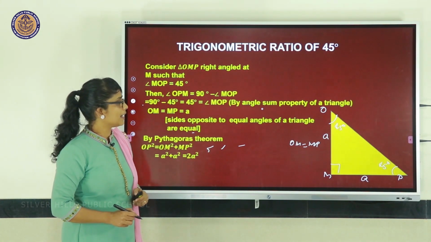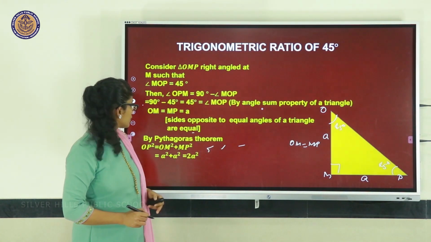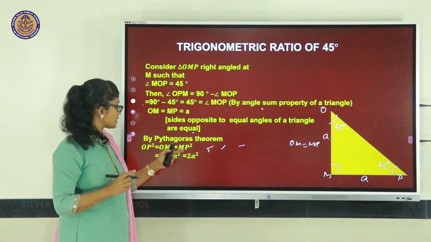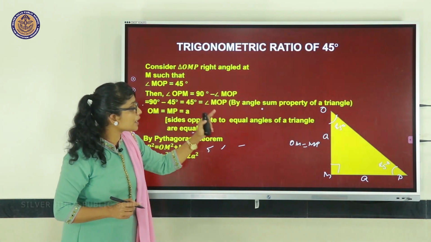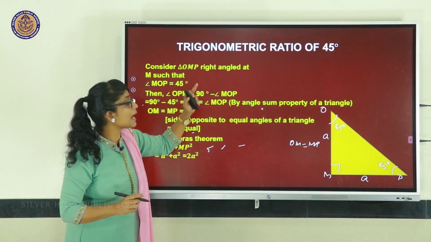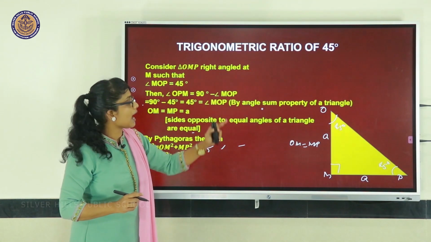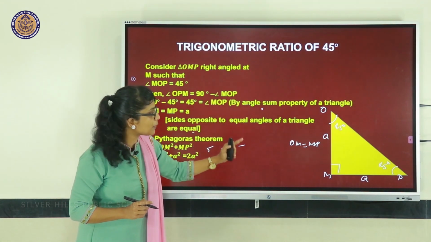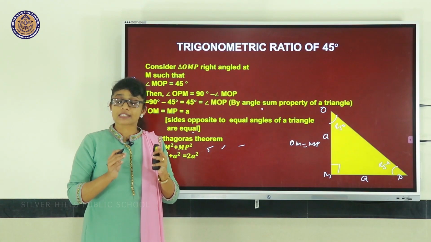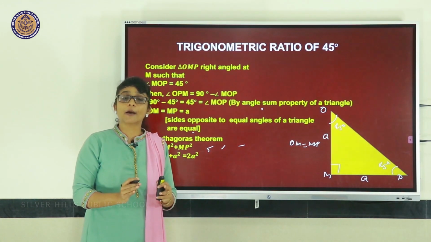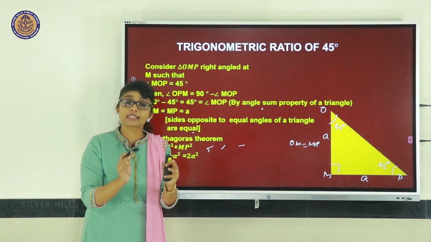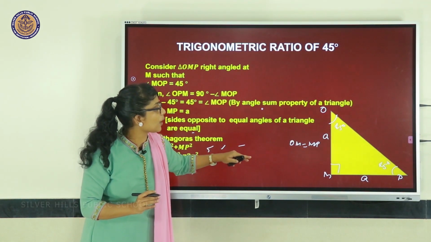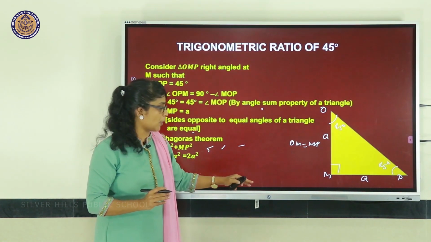And we studied how to find the hypotenuse by Pythagoras theorem. Here, hypotenuse is OP, base is MP and altitude, the perpendicular, is OM. Pythagoras theorem: hypotenuse square is equal to base square plus altitude square.